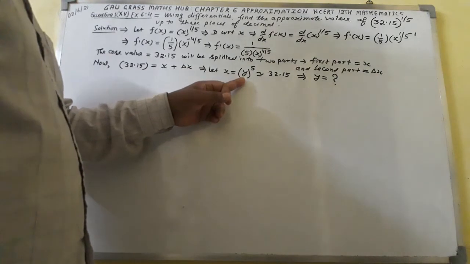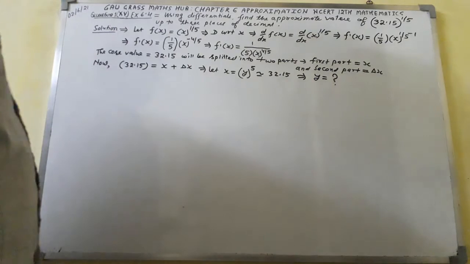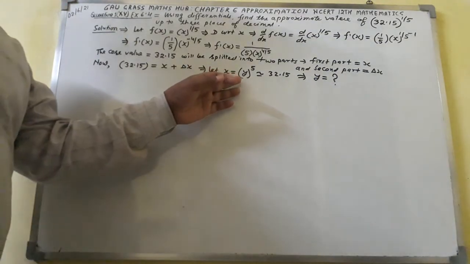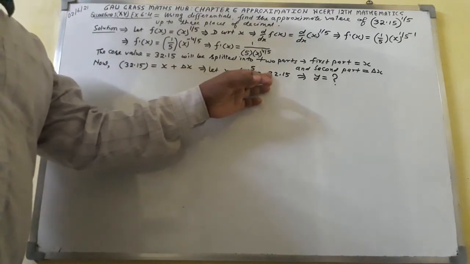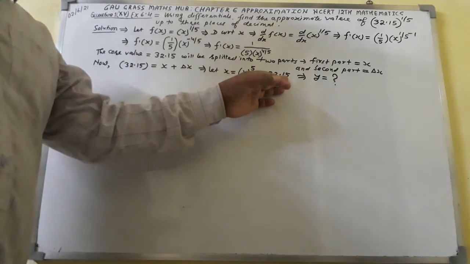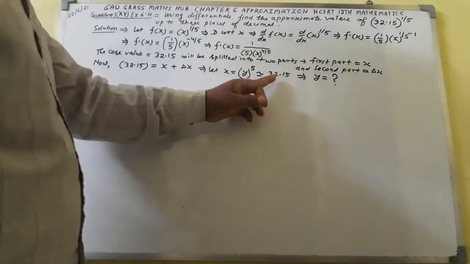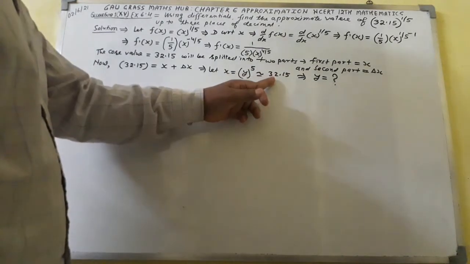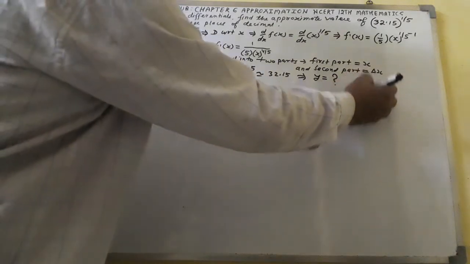The value of y I shall take as any natural number, whose whole raised to the power 5 will be approximately 32.15. The 32, you must remember 32, and now get the prime factors of 32 here.